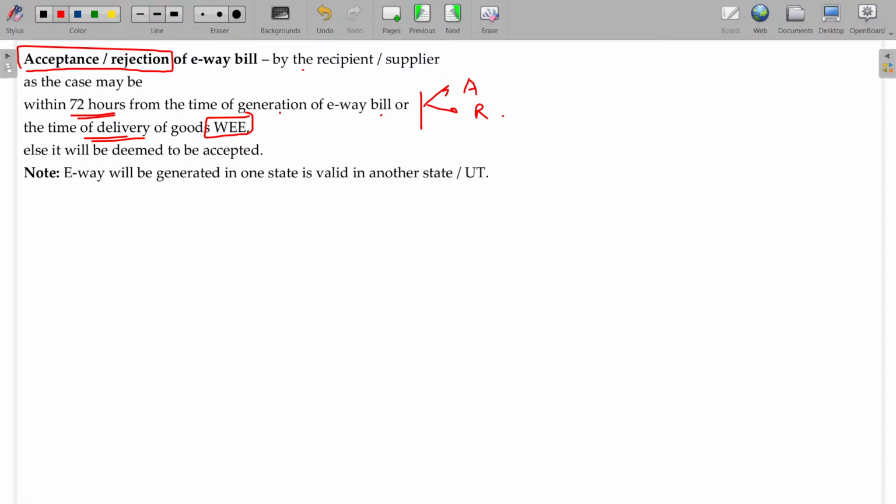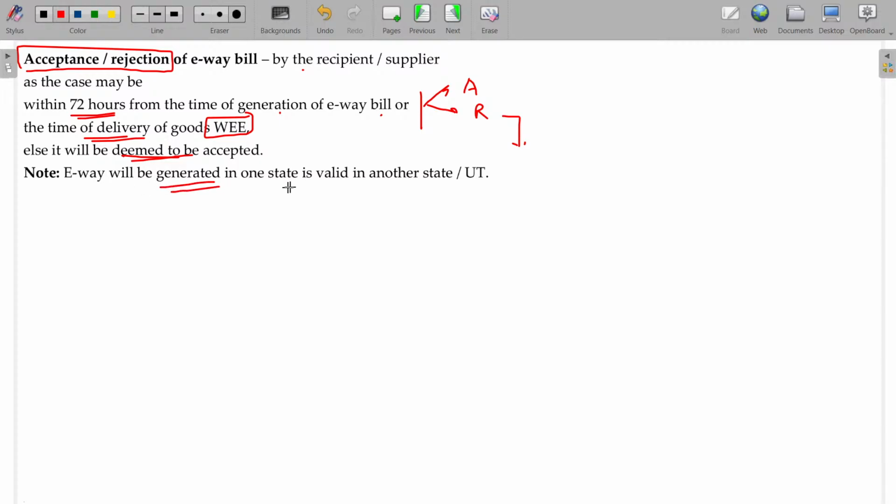If it is not rejected within this time, it is presumed to be accepted. 72 hours means 3 days. Within 3 days it will be accepted or rejected. If not, after the third day it is deemed to be accepted by default.